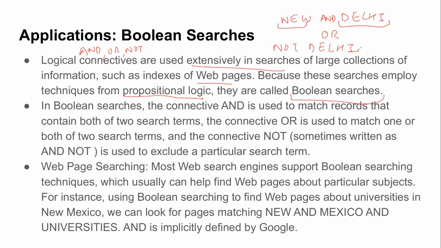Okay, now where is it practically used? In general, if you look at Google search, when you write any sentence there, suppose you want to search for what is Boolean algebra, implicitly the way Google works is it implicitly places an and.